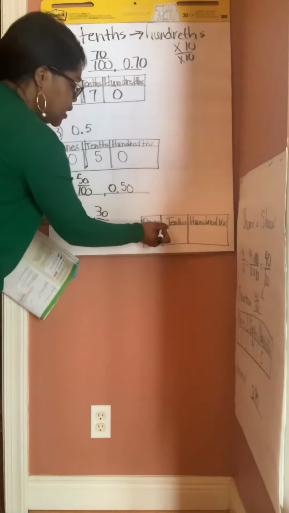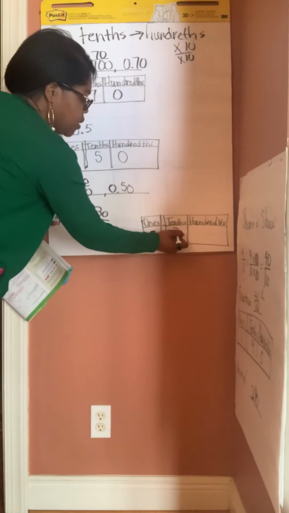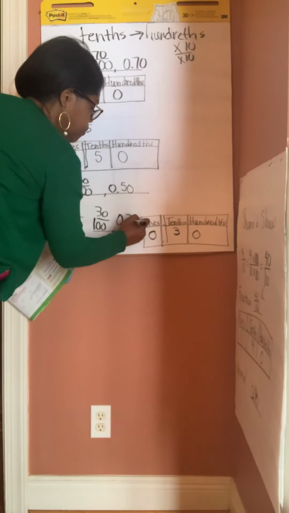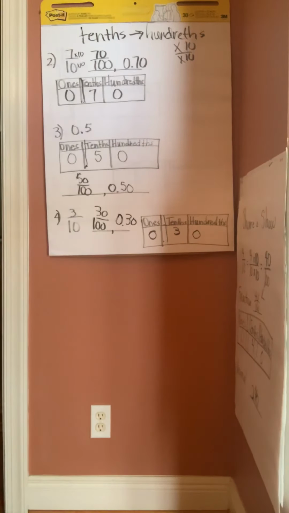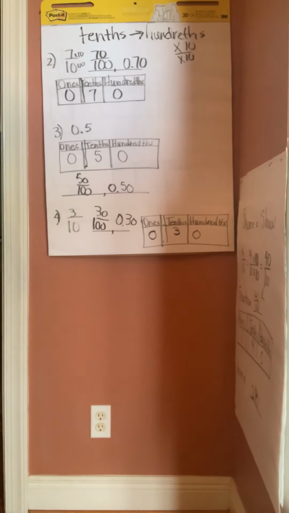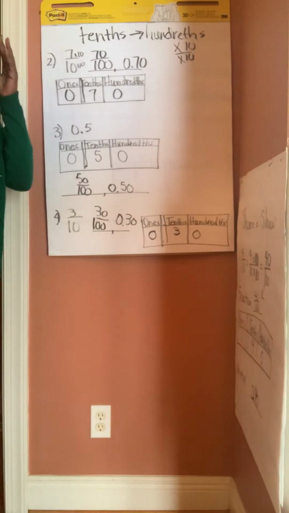If I fill this in on my place value chart, I have 0 ones, 3 tenths, 0 hundredths, 30 hundredths. 3/10 is equivalent to 30 hundredths. This is 30 cents. 30 out of 100, 30 cents. 3 dimes, 3/10. Hopefully it's starting to make a little bit more sense to you.